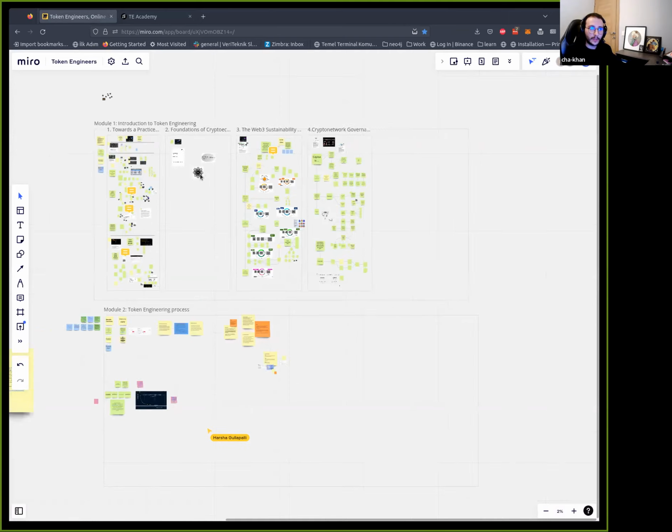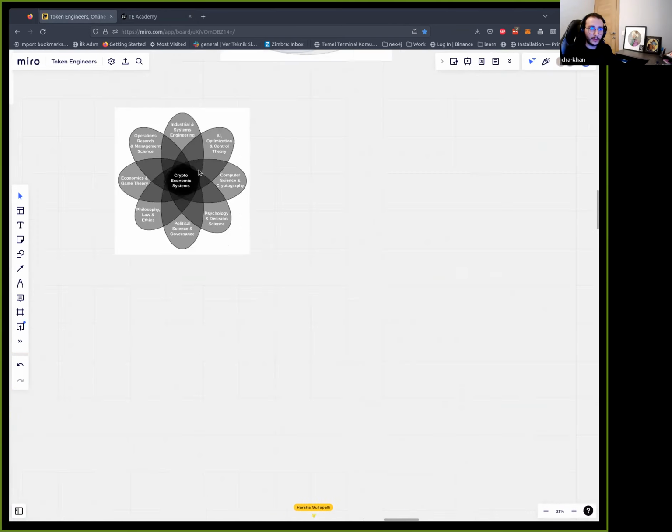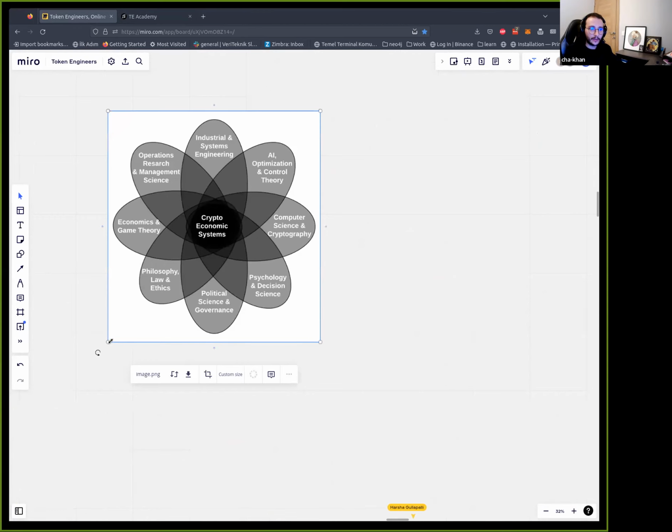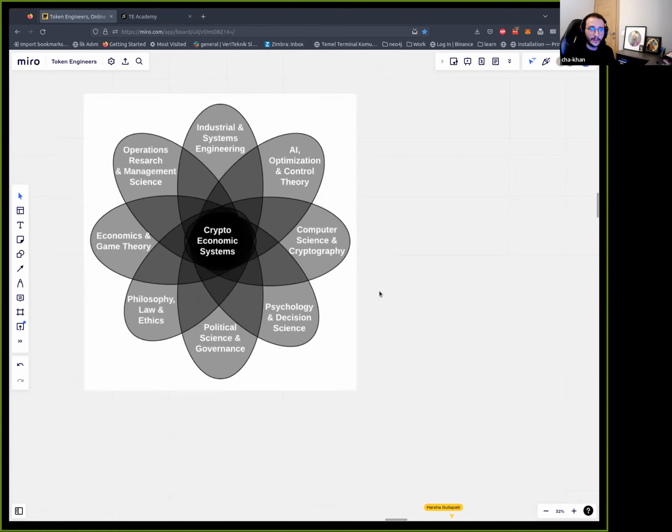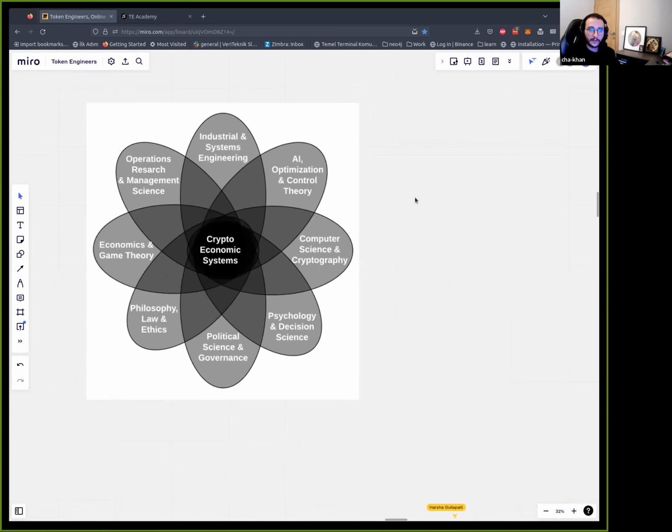I think the best place to start is this chart. So token engineering is a new academic field that is blossoming. It's like a few years old. It takes from many different fields, so it's a very complicated, diverse field of academics.